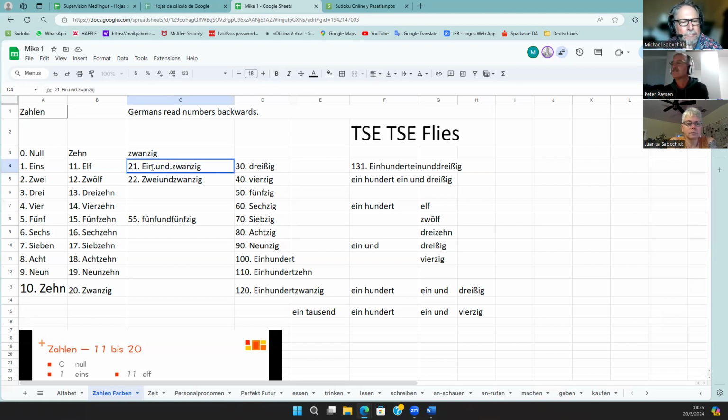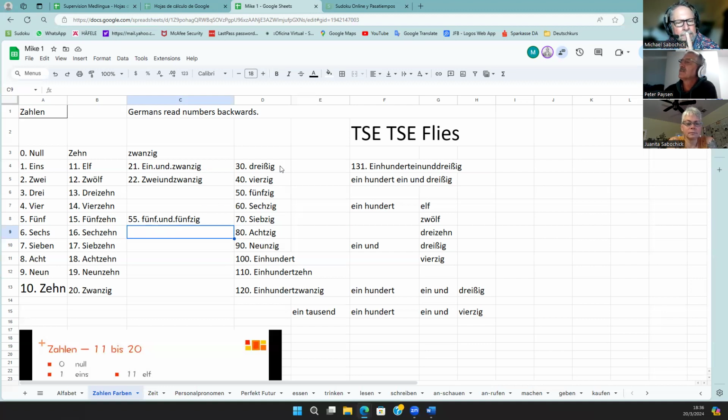So 1 and 20. Now let's see. Einundzwanzig, zweiundzwanzig. And then we have this beautiful one, because now we got fünf und fünfzig, which is 55.